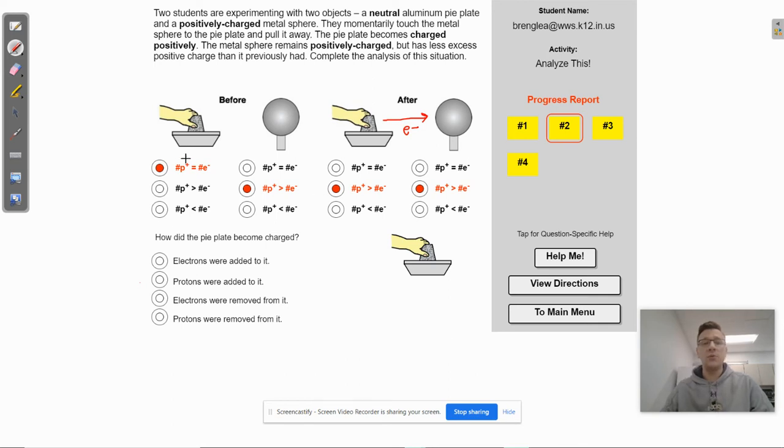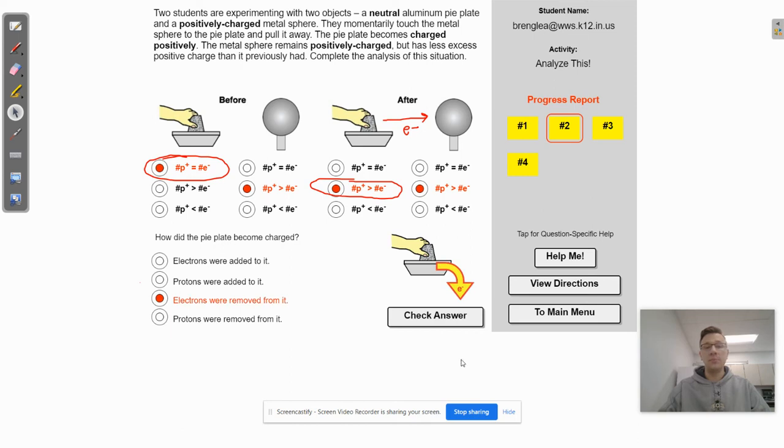Because of that, it went from being neutral to having more protons than electrons. And since electrons were added to the sphere, it becomes less positively charged. So there weren't enough electrons added to it to either make it neutral or make it negatively charged, but there are enough to reduce the positive charge.